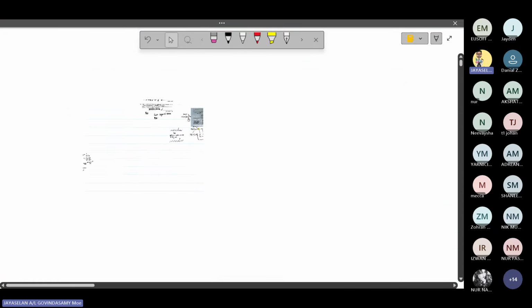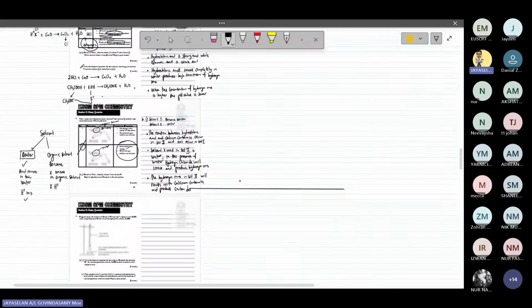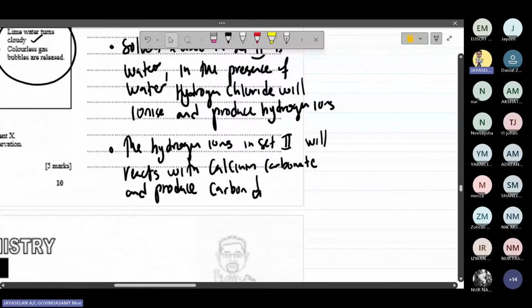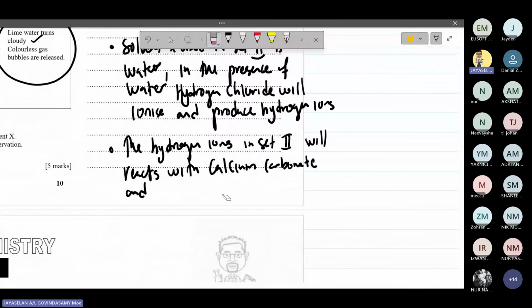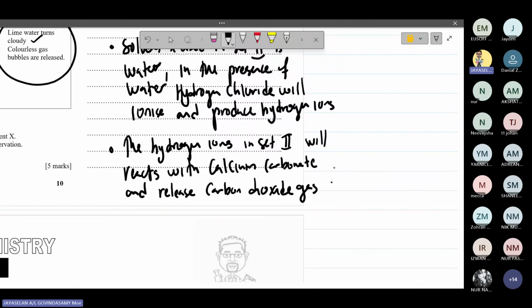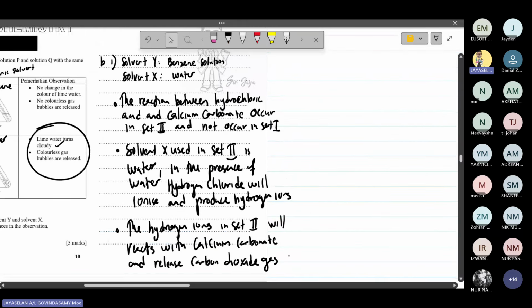Release carbon dioxide gas, which will turn the lime water cloudy. So, this is your answer. Any question?